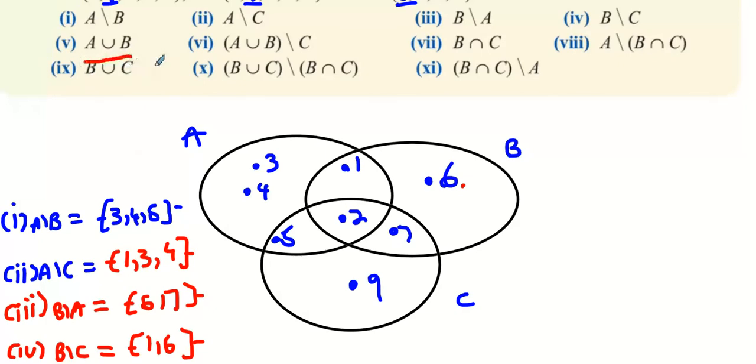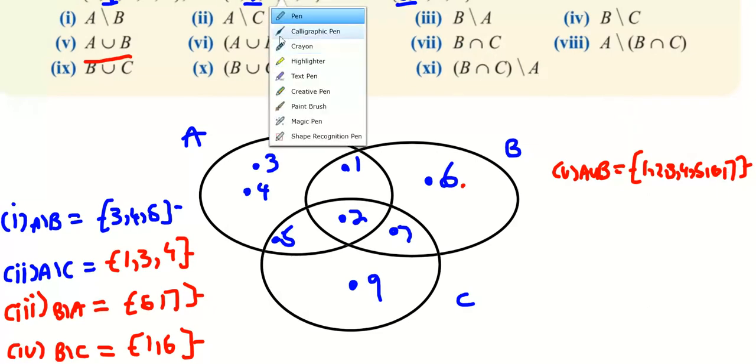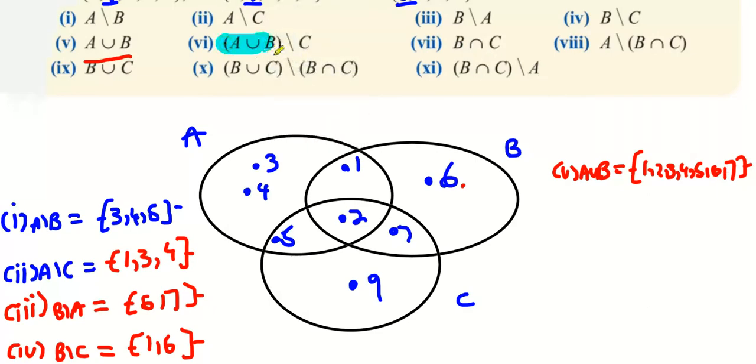Okay, A union B, everything inside of A and B. So what do we get? 1, 2, 3, 4, 5, 6, 7. Okay, that's A union B. Now next one, A union B, but you're not allowed inside of C. So A union B is this region here, but then we have to discount the numbers that are in C. So we're not allowed 5, 2, and 7.